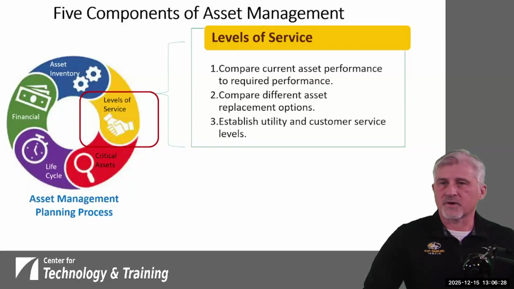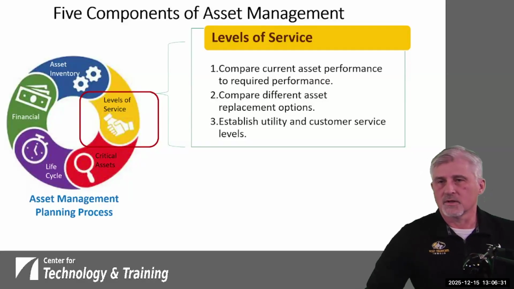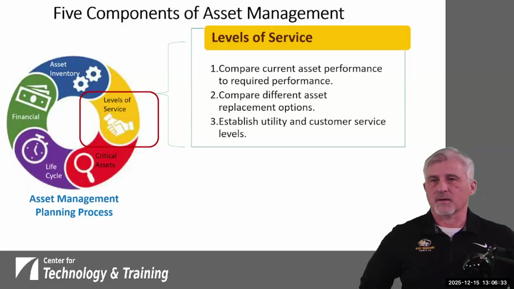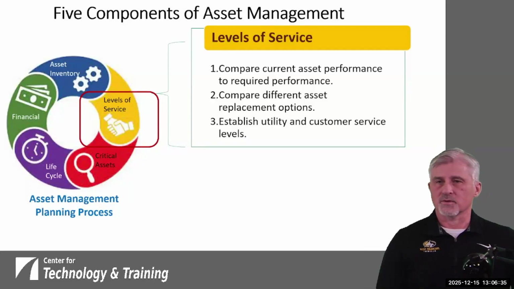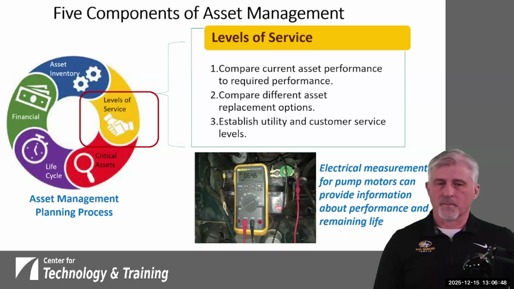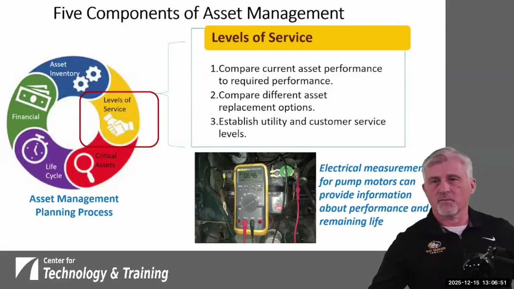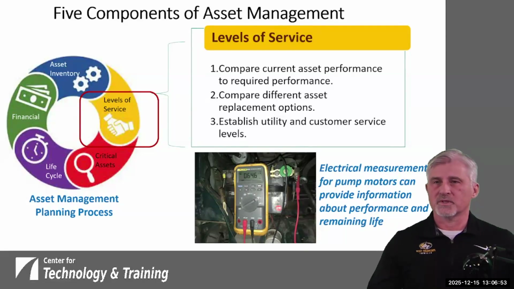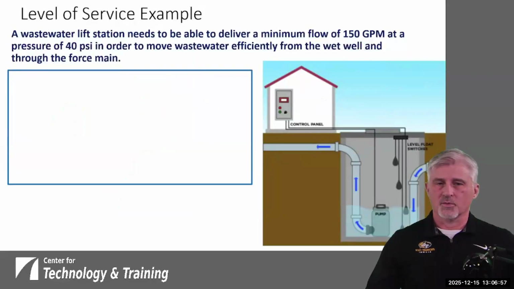And we'll compare the different asset replacement options. And then, as I said, it will establish utility and customer service levels. So who's the customer? Is that the regulatory agency? Is that your residents? Electrical measurements for pump motors can provide information about performance and remaining life, which can help plan for things.